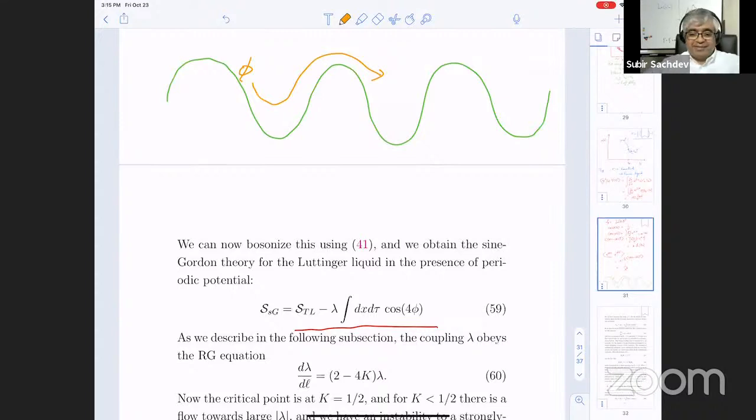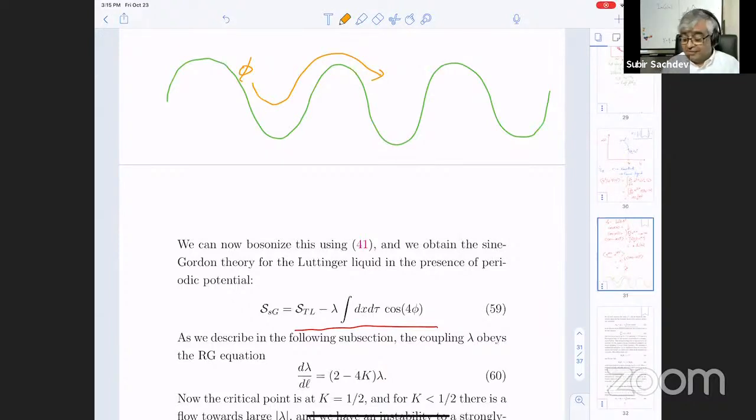It's like you're skating on some periodic ice, and it doesn't matter to you that the ice is periodic. You just skate right over it. And that's in fact what happens in the Luttinger liquid phase, because the cosine 4 phi term just disappears and you're back to the Luttinger liquid.